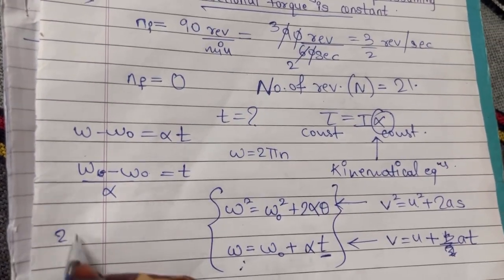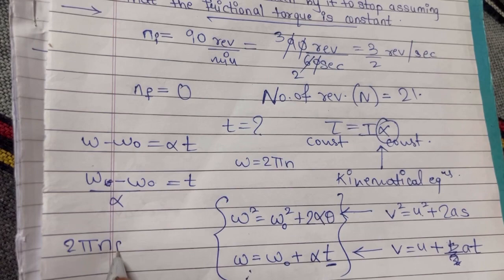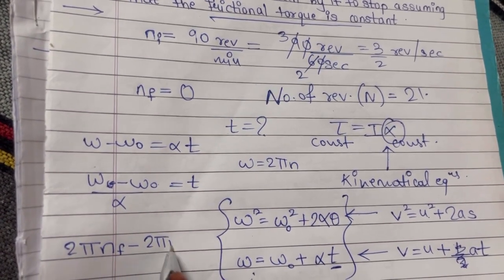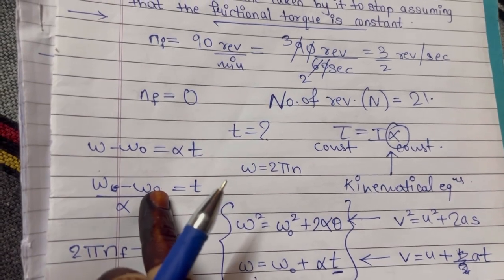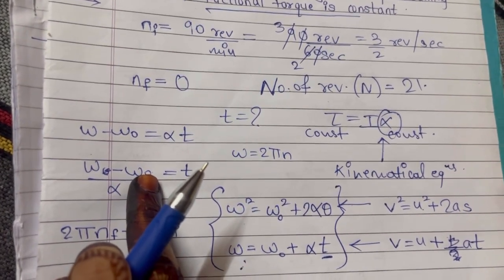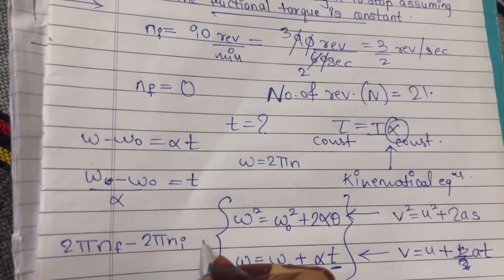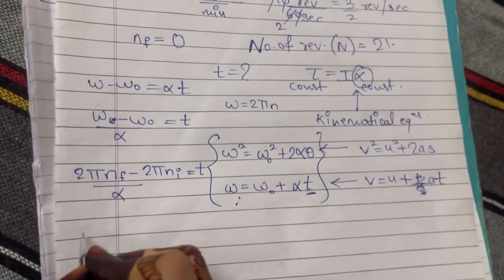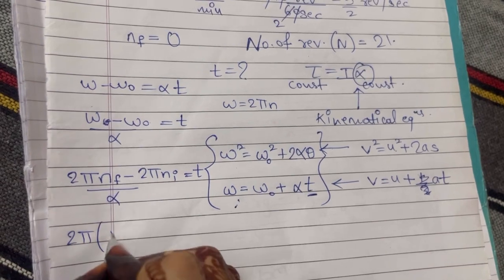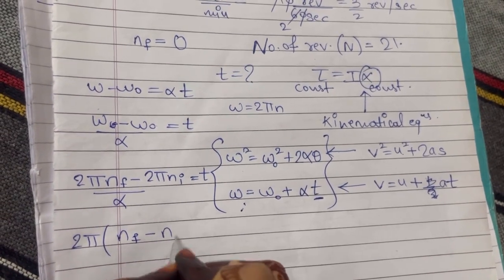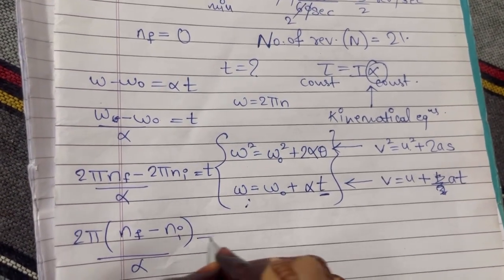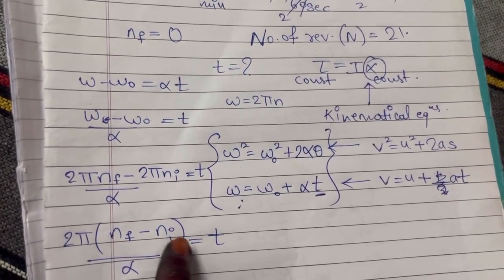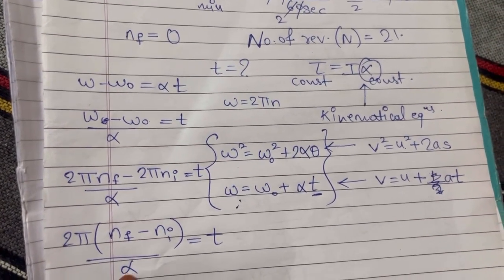So here it is 2 pi n final, because that is final angular velocity, minus 2 pi n initial, because this is initial angular velocity, upon alpha, that is equal to time. Now if I take 2 pi as common, it will be nf minus ni upon alpha, that is equal to t. But if you notice, we have the value of nf, we have the value of ni, but we don't have the value of alpha.